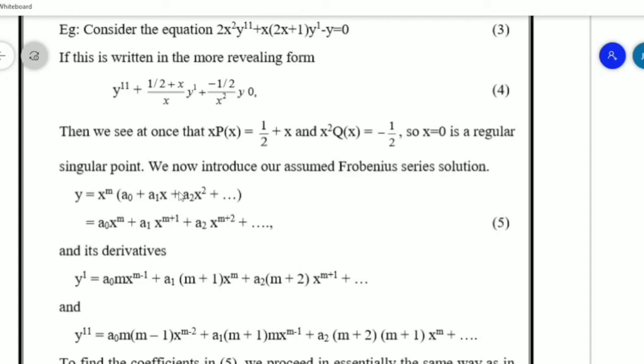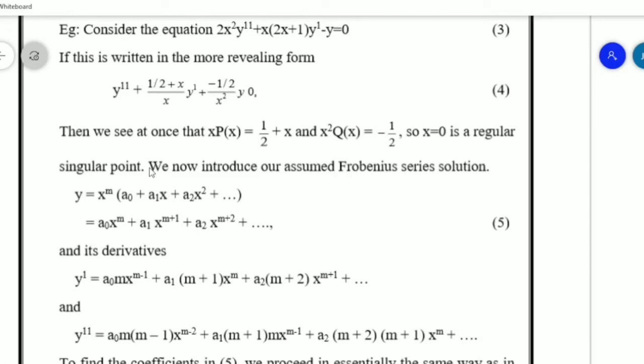And if x minus x naught into p of x and x minus x naught whole squared into q of x are analytic, then it is a regular singular point. But if they are not analytic at x naught, we can say that the point is an irregular singular point. At an irregular singular point, we can't find a power series solution of that equation.